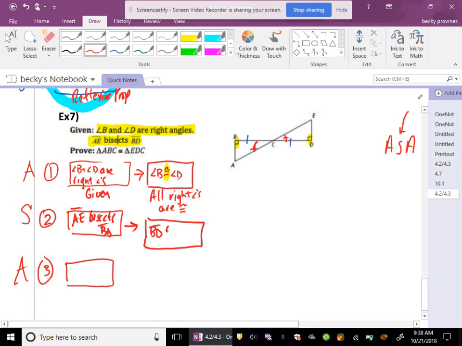BD is now congruent to CD. Now, I don't have anything underneath. I need to fill that in. So how did I know this very first step? Well, it was given to me. And on the second one, there's a vocab word that I applied. So in step 2 here, this vocab word was bisects. So it's definition of bisector.